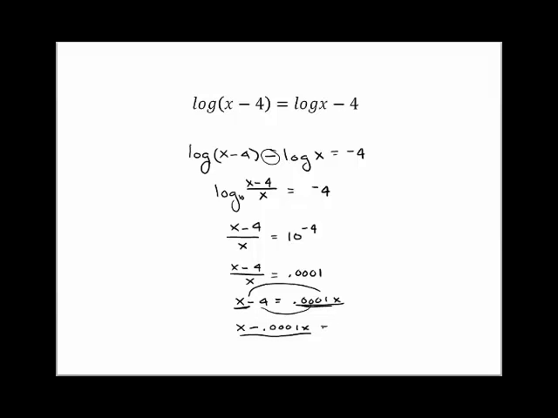And I'm going to put the 4 on the other side. We add 4 to both sides. All right, now, it's a little difficult to see, what is 1x minus 0.0001x? How many 9s do I need? 4, right?